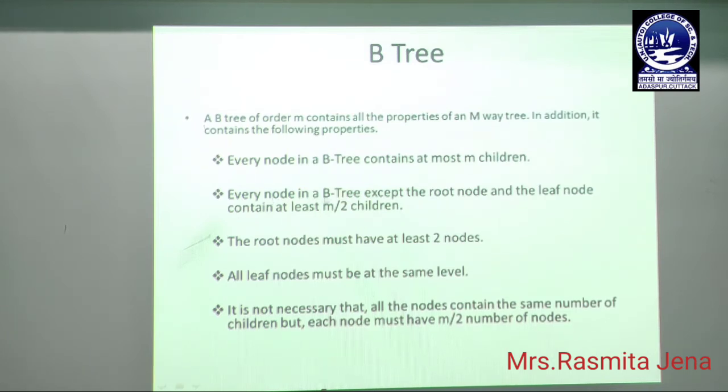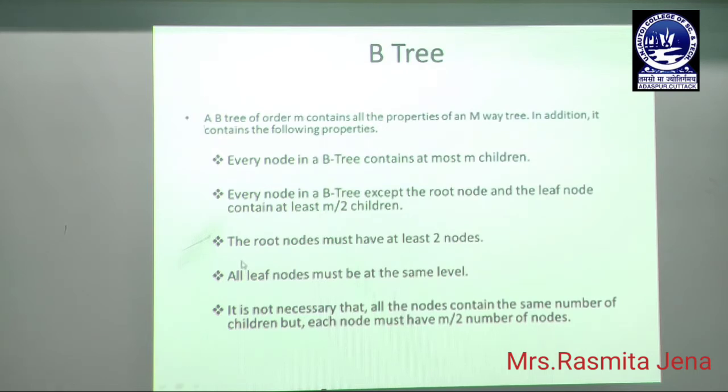Second property: every node in a B tree except the root node and leaf node contains at least m by 2 children. That means we are discussing internal nodes. So if we have a tree of order 4, then all the internal nodes should contain at least m by 2 children, that means 4 by 2, so at least 2 children will be contained by all the internal nodes of a B tree of order 4.